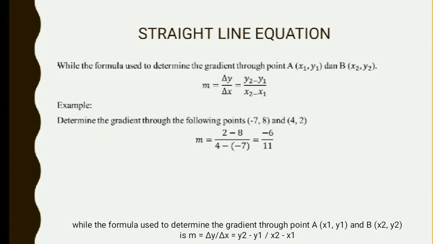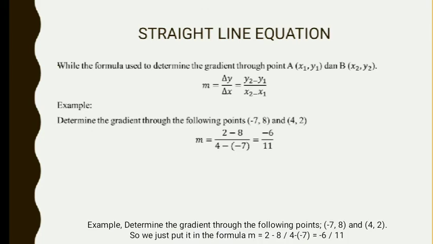The formula used to determine the gradient through point A, x1, y1, and B, x2, y2 is m equals delta y over delta x equals y2 minus y1 over x2 minus x1. Example: determine the gradient through the points minus 7, 8, and 4, 2.